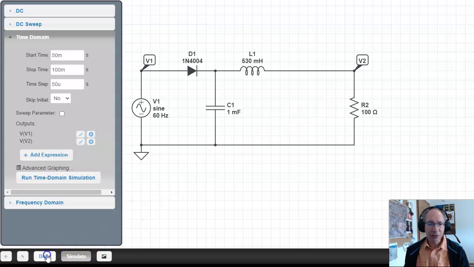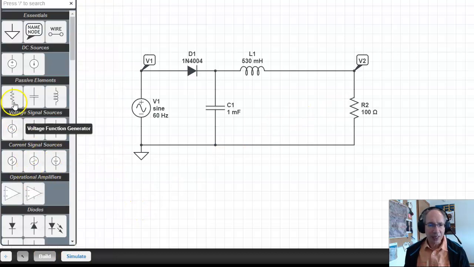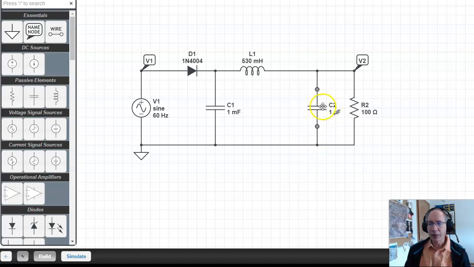If that's still too big for you, what I can do is add a capacitor right here. At DC this is an open circuit and has no effect. At AC, if this is 50 ohms, half the resistance, the ripple will again be half as big.